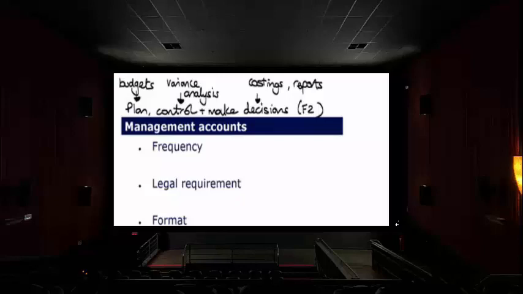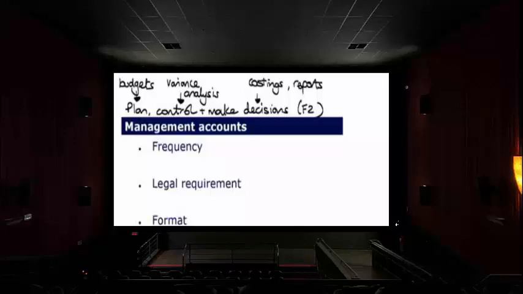We can help them, once we've done the costings, establish a selling price for the goods and do reports for them. Management accounts really can take any form. It's really there to help management do their job. Okay, so these are the typical things that you see as different types of management accounts.